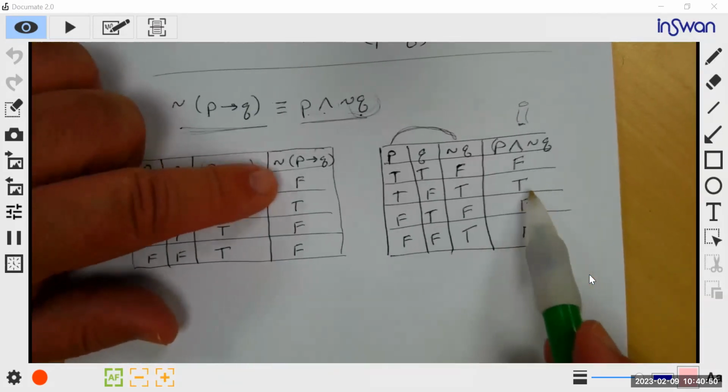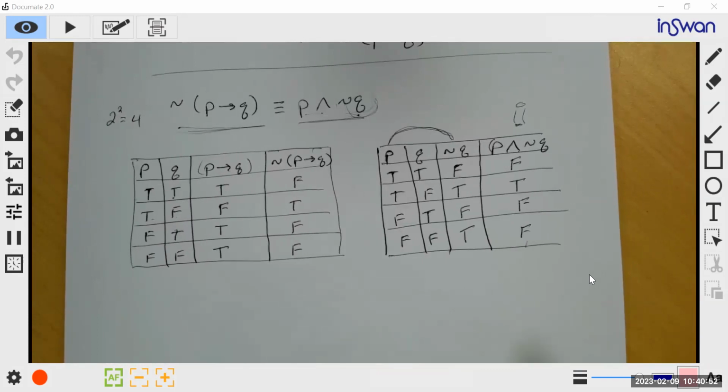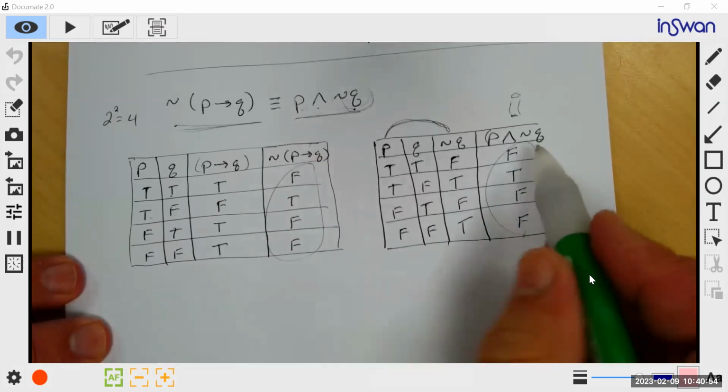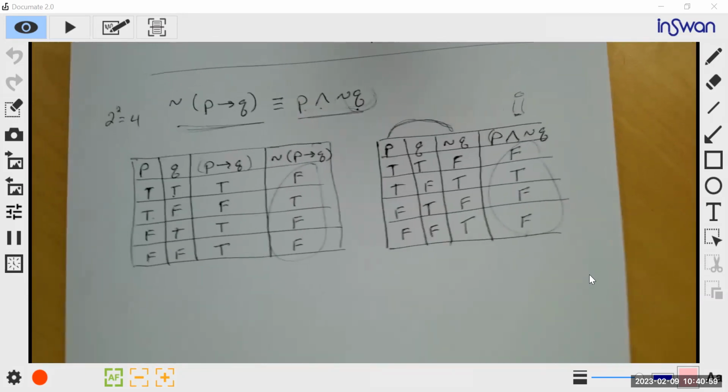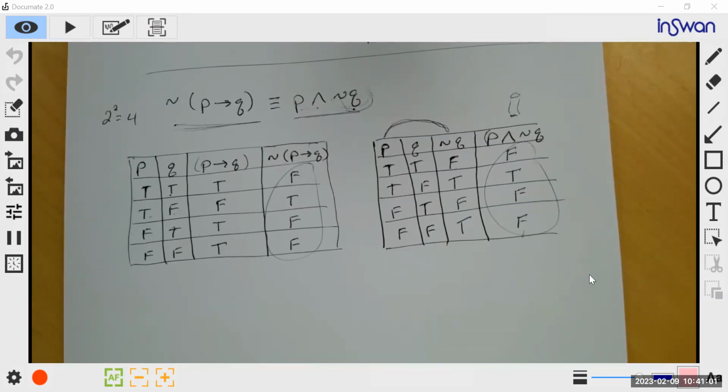So are they equal? Yes, these are equal. It's an absolute equality. Any questions so far?